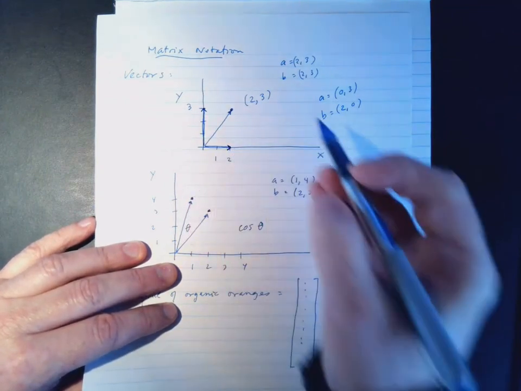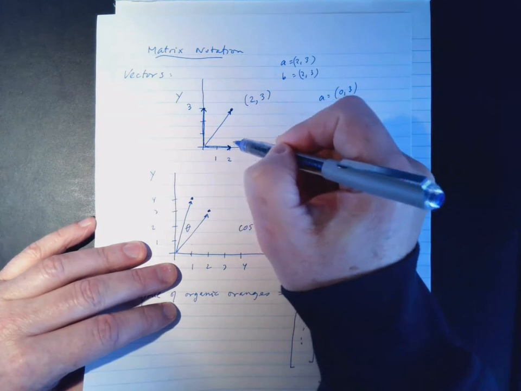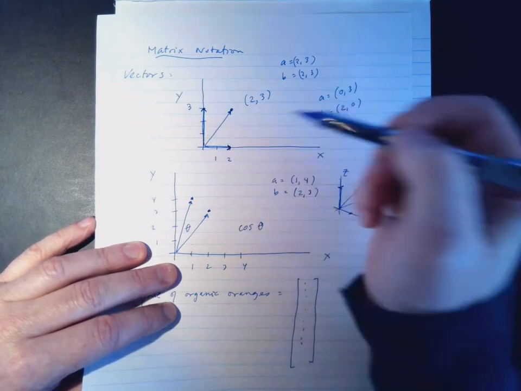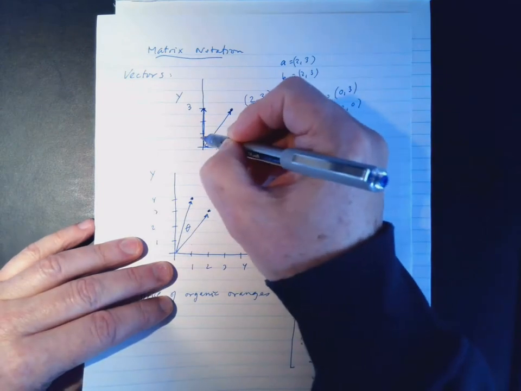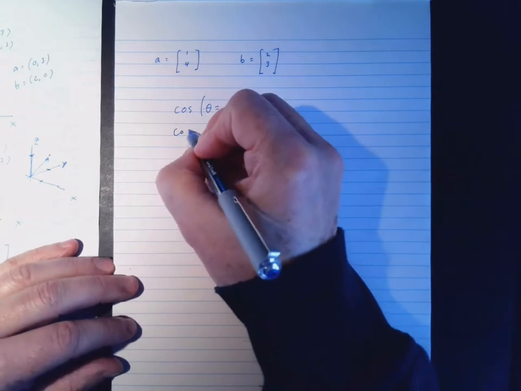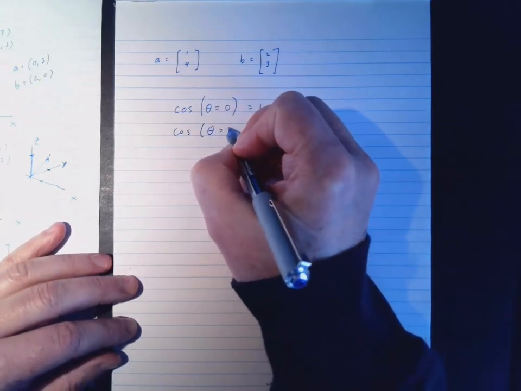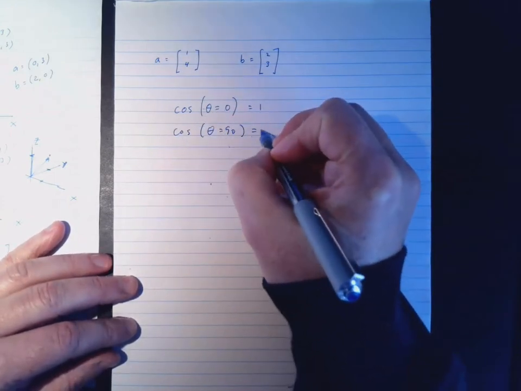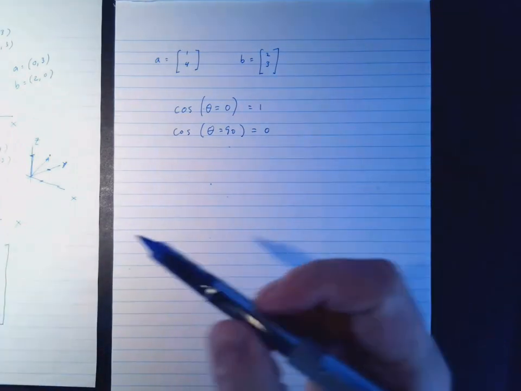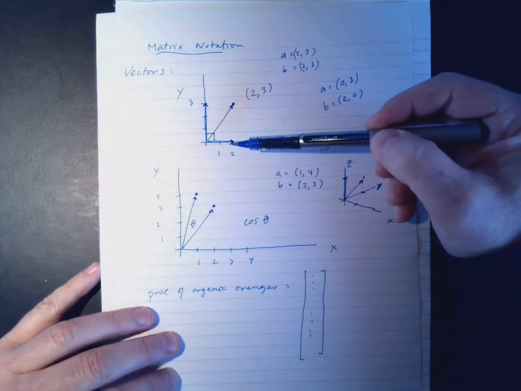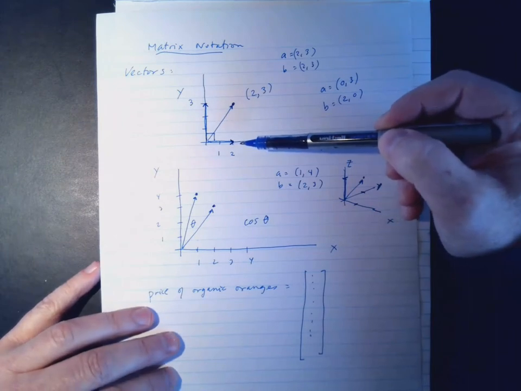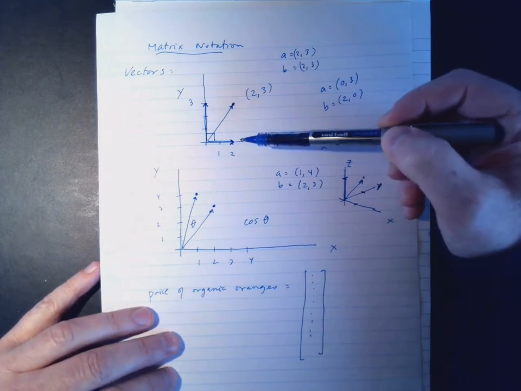And so they have a 90-degree angle between them. So it's a right angle. And then we'd have the cosine of 90 degrees, and that equals 0. And that is a picture of what it's like when two vectors are uncorrelated with each other.